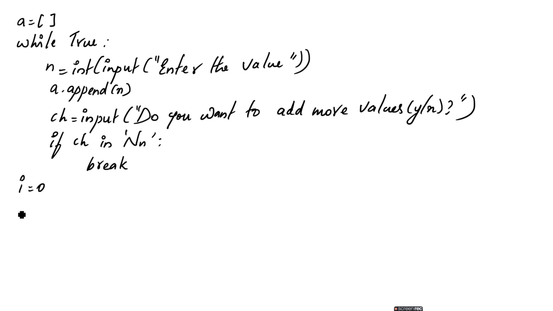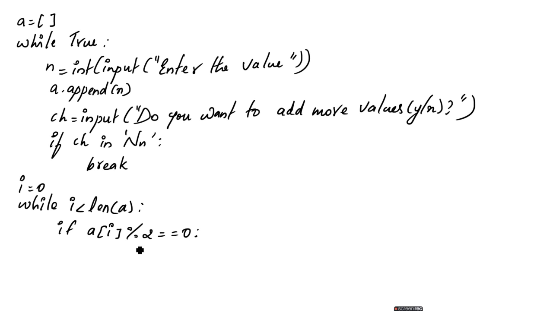Next, we have to display only the even numbers. So we have to write I equals 0 while I less than length of A. Then we have to write the if condition. If A of I mod 2 equal to 0, then we have to break the loop.